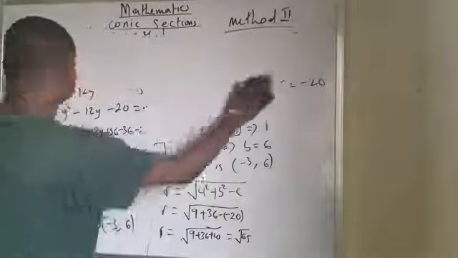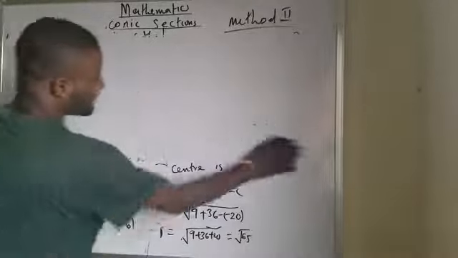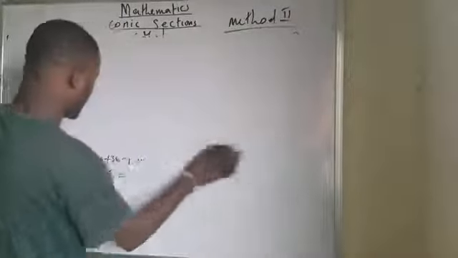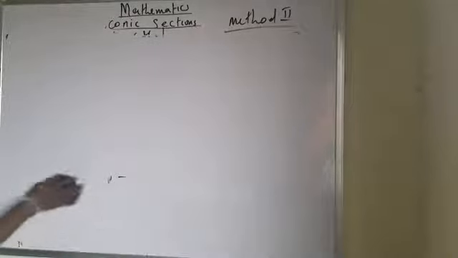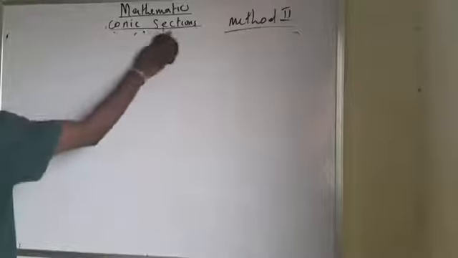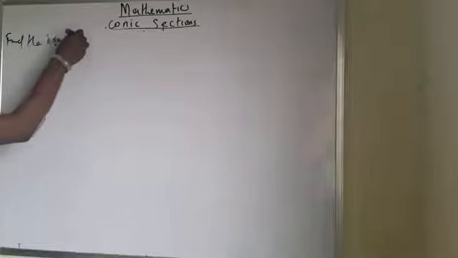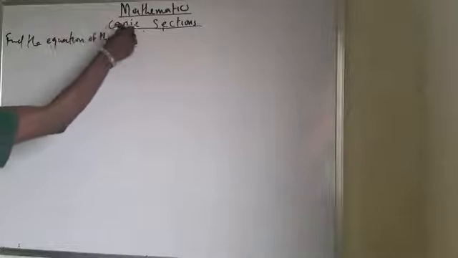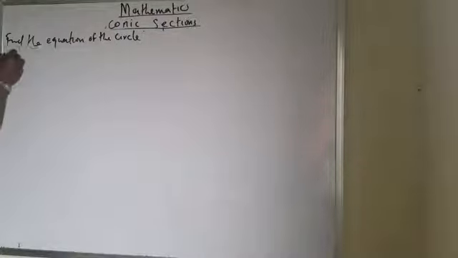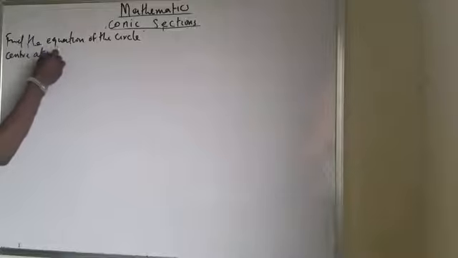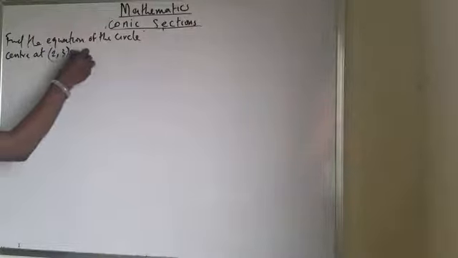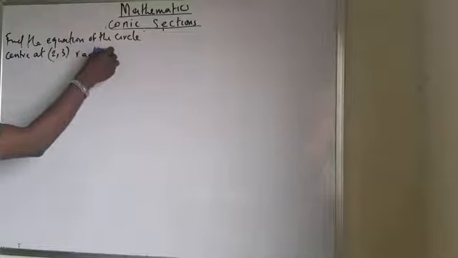Now, I'll show you method 1 and method 2. Let me show one or two examples that will really help us find the equation of the circle with center at 2, 3 and radius 2.